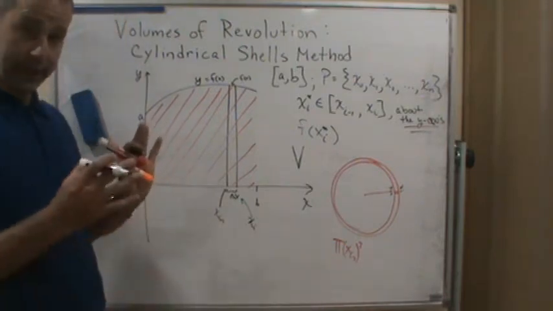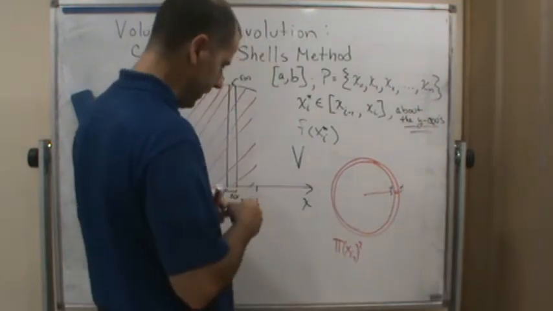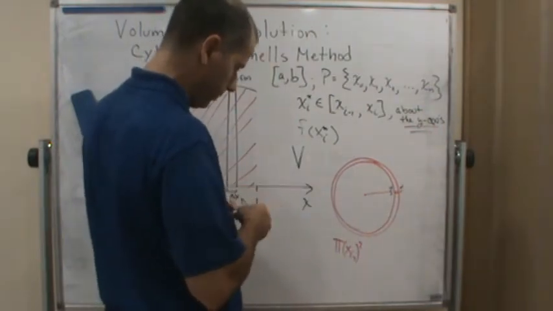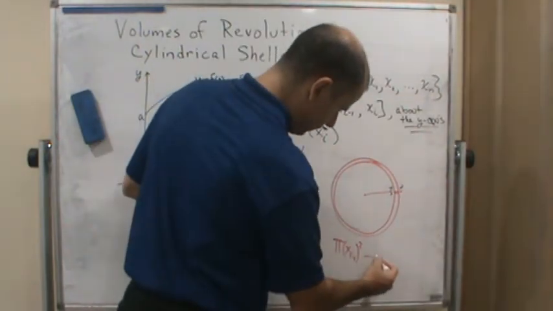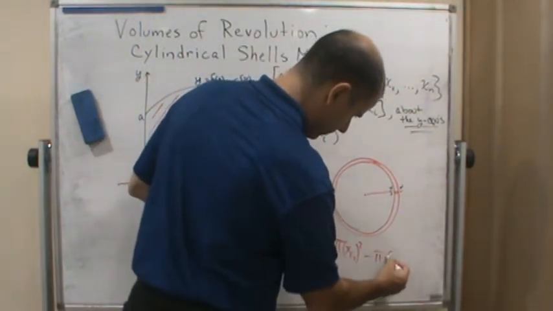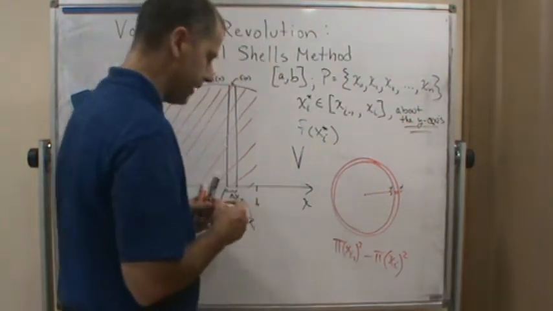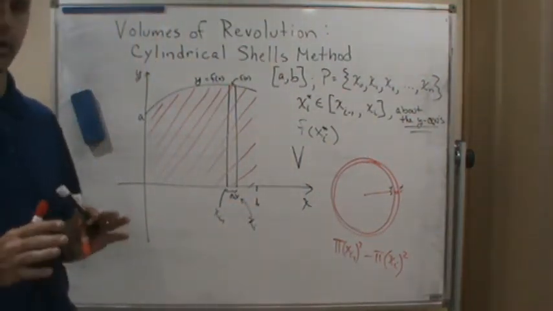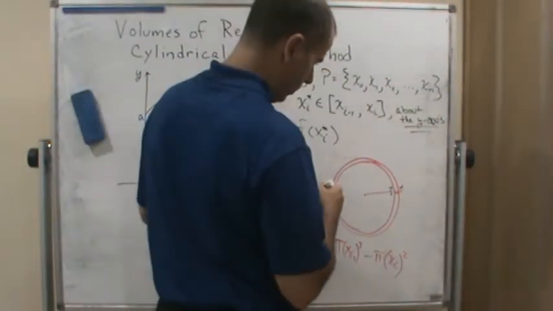And so again, we're going to subtract areas of two circles. So that means it's going to be what? This. So that is going to be our cross-sectional area of the shell. This piece right in here.